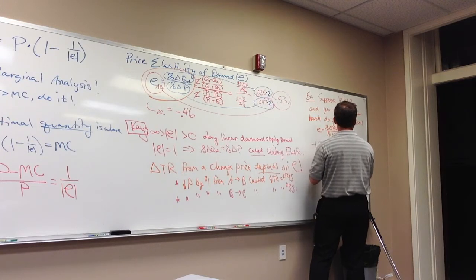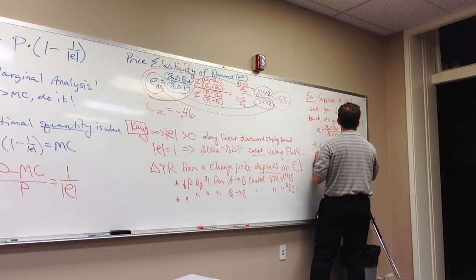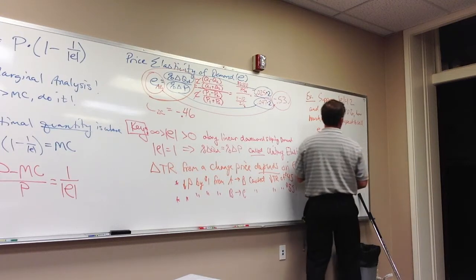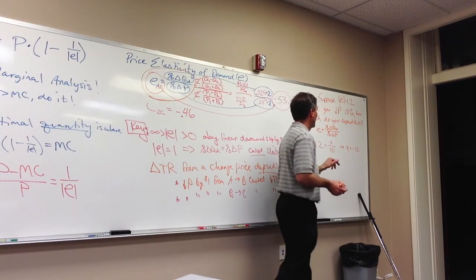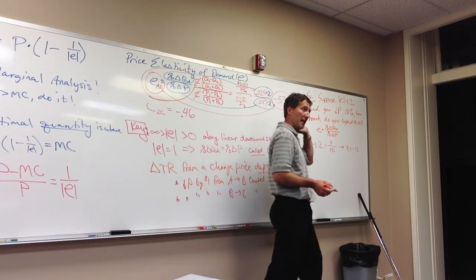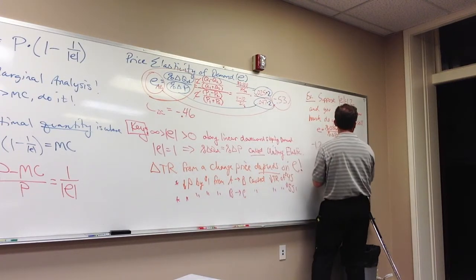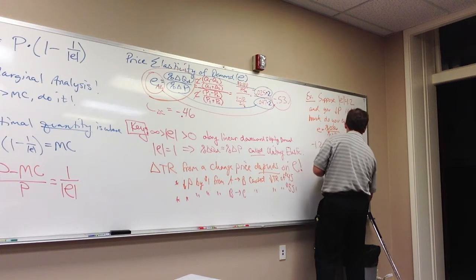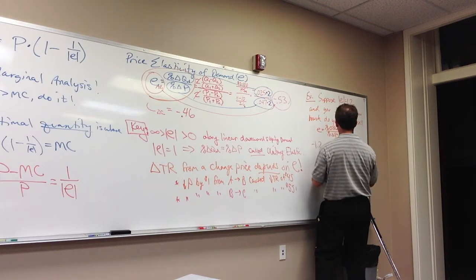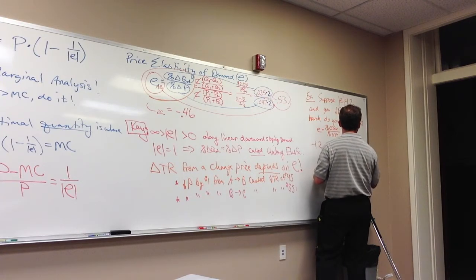So x equals negative 12. So there's going to be a 12% fall, i.e. the percentage change in quantity equals negative 12%.